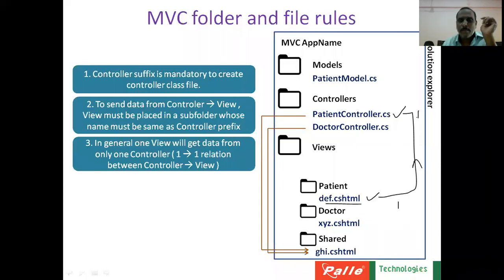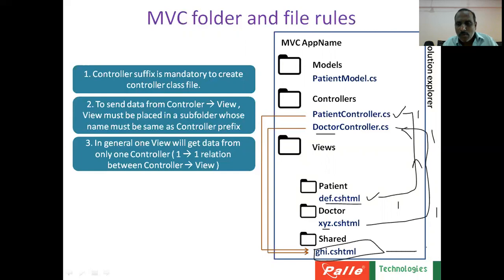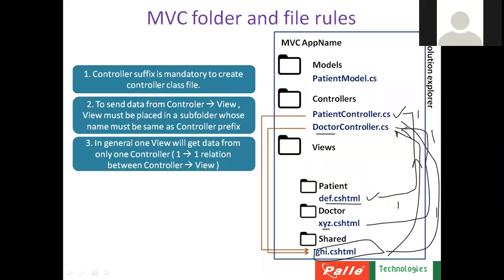That is the reason why mostly we say that view and controller follow a one-to-one relationship. Similarly, this view belongs to this controller, a one-to-one relationship. But sometimes shared views may be required. At that point of time, one view may be linked with multiple controllers. So there a one-to-n relationship will be there.